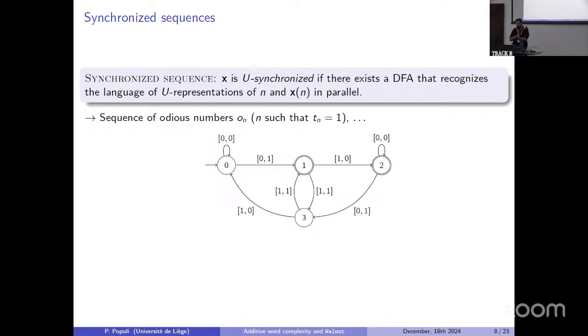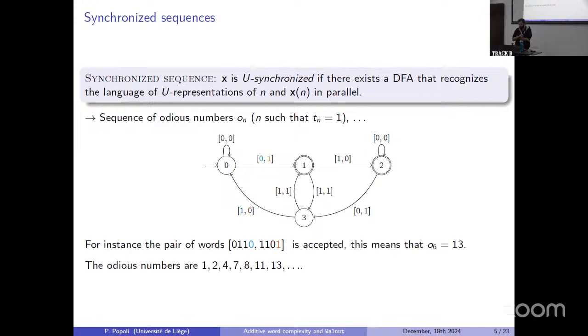And this is the automaton. Just a quick example: for this pair of words, we follow the arrows, and this pair of words is accepted. So this means that the 6th term of this sequence is 13. And in fact, you can check that the odious numbers are 1, 2, 4, 7, etc.